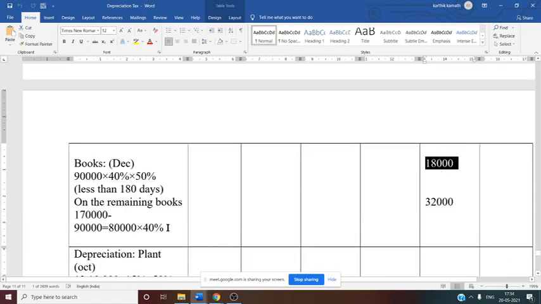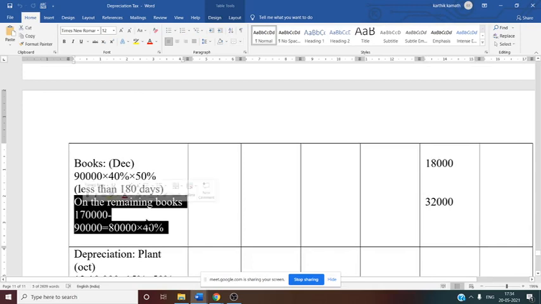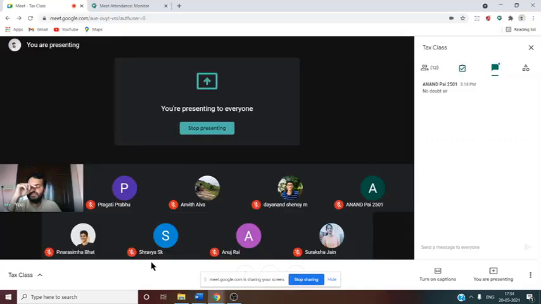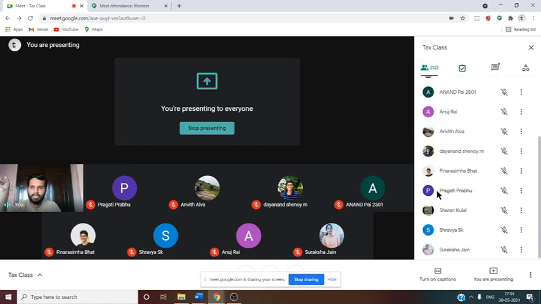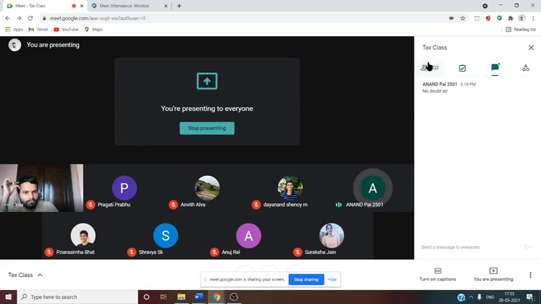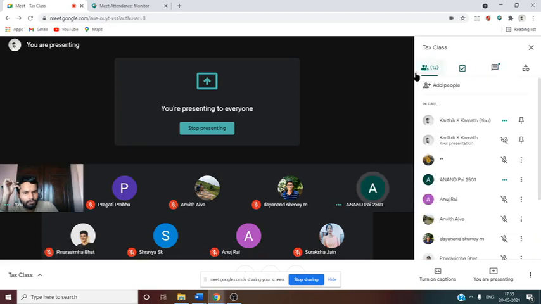Now on the remaining book also you need to calculate depreciation. How to get the remaining balance? Can anyone tell me? Total balance minus the amount we just calculated, sir. Yes, Anand, that is the right answer.